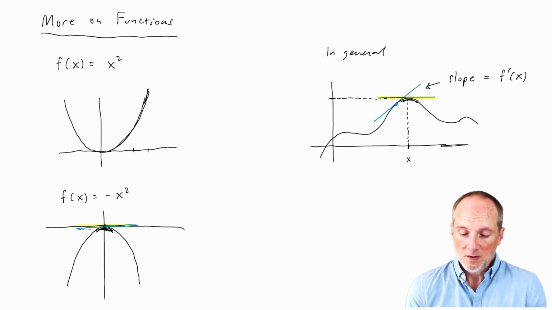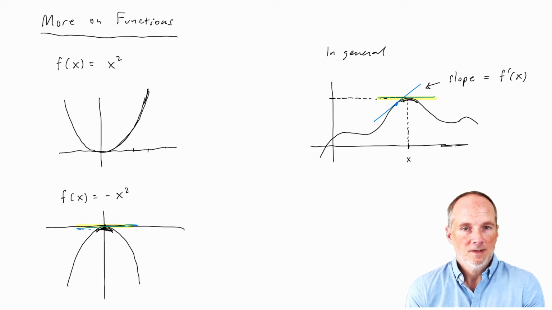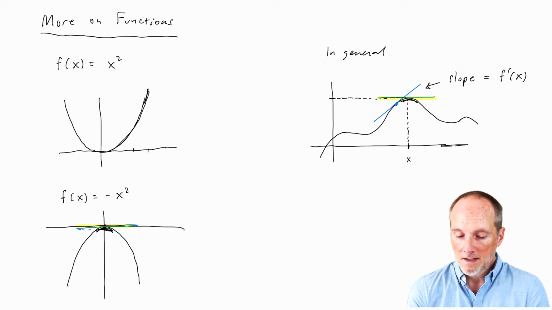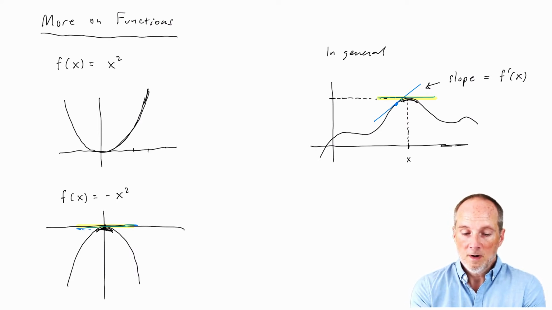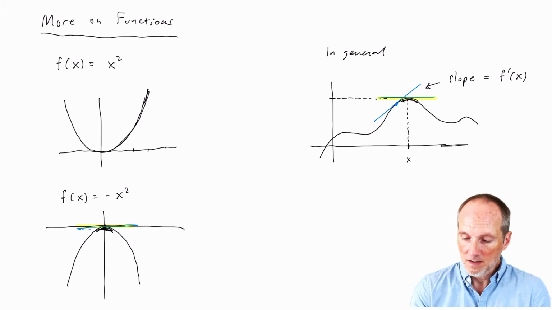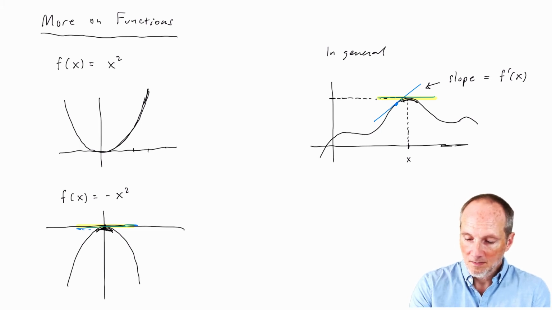So this is a very general result in calculus that anywhere a function is maximized, the slope of that tangent line has to be flat. In other words, the derivative has to be equal to 0. So that's a little result.